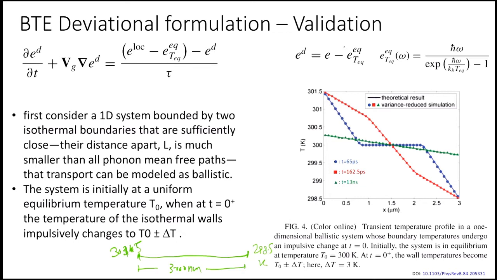Assume 3 micron is not much of a distance because our mean free path is assumed much larger, some millimeter or so. So how would the temperature change using this deviational particle approach? We always add the equilibrium distribution, which we assume to be 300 Kelvin.